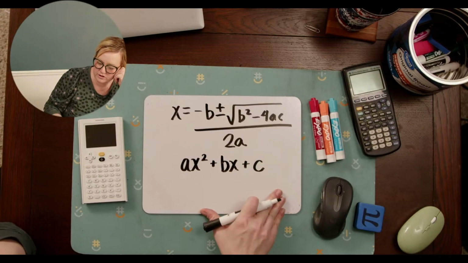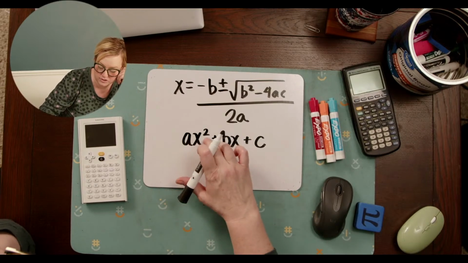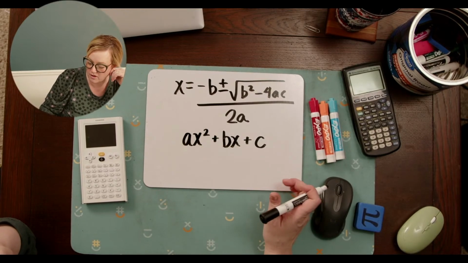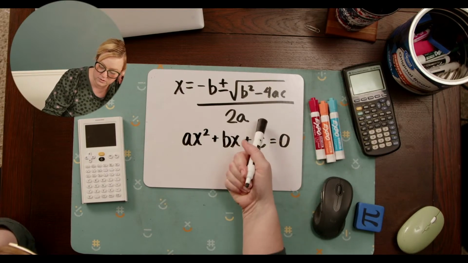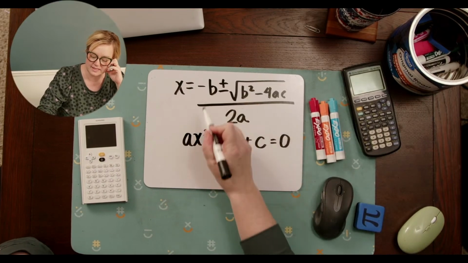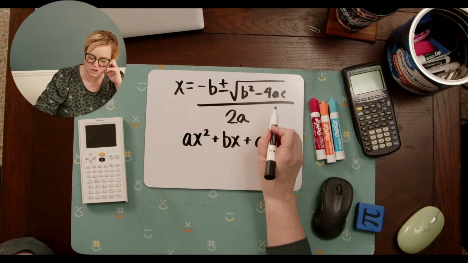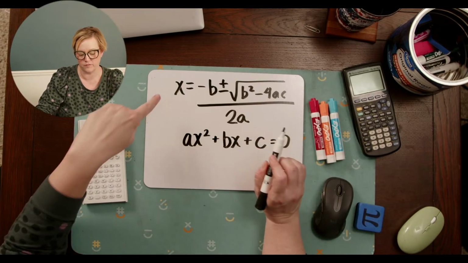So when you're solving these quadratics, which are in this form where you just have x squared, let's say this equals 0. If you're using the quadratic formula, it does have to equal 0. The quadratic formula is sort of a shortcut of using these coefficients to solve for x.